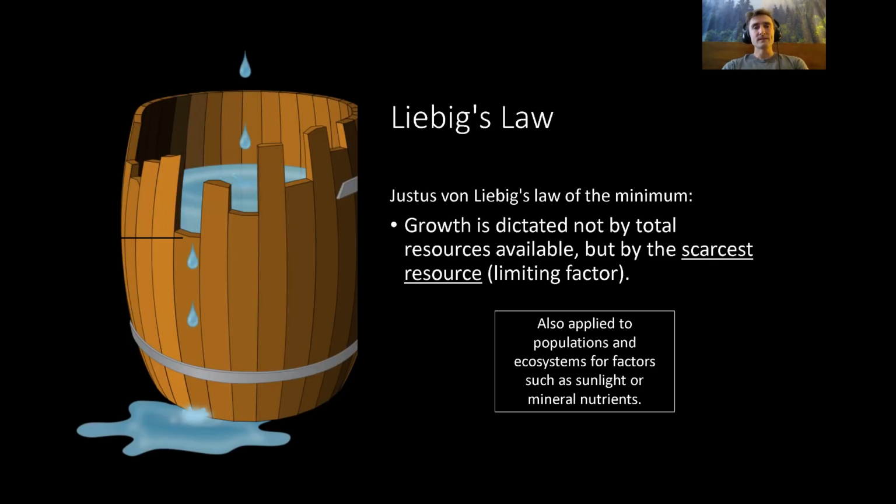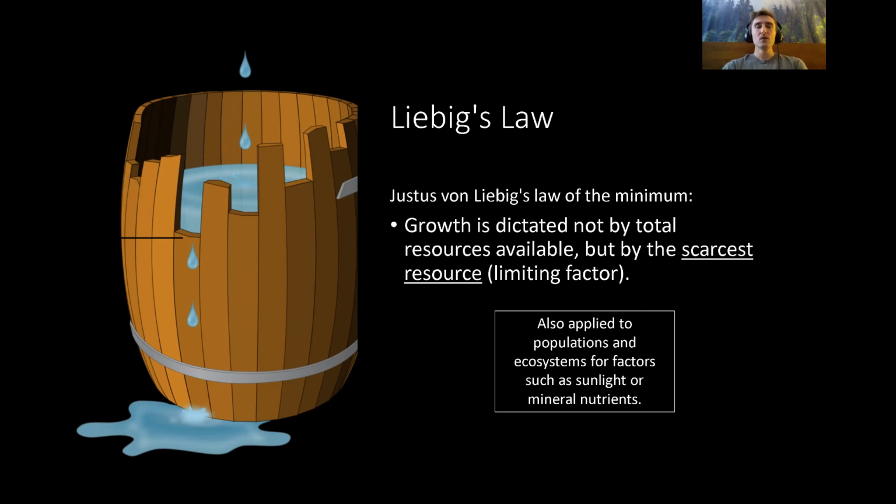One big discovery in the history of soil science is Liebig's law. Officially it's called Justus von Liebig's law of the minimum. This is a very simple concept, but an important one to understand. The law states that growth is dictated not by total resources available, but by the scarcest resource, otherwise known as the limiting factor.